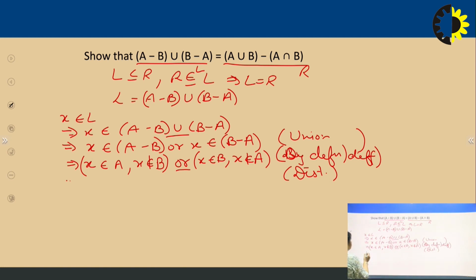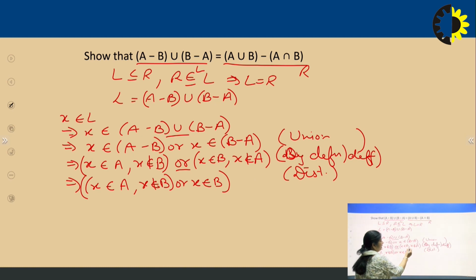Firstly I am applying the distributive property on this OR. So how we will do this? X belongs to A, X doesn't belong to B, or X belongs to B. And I can write directly and.